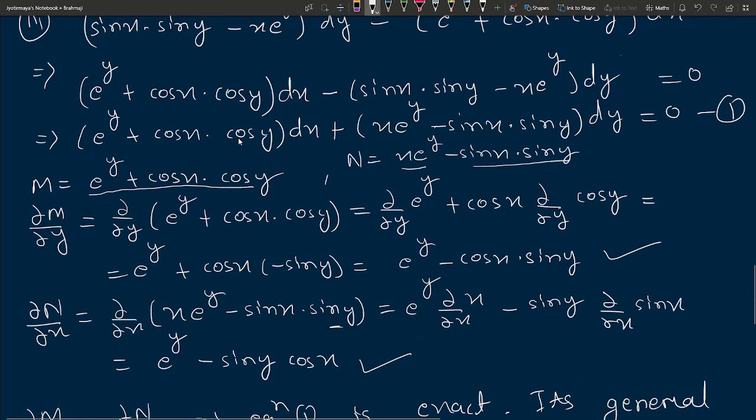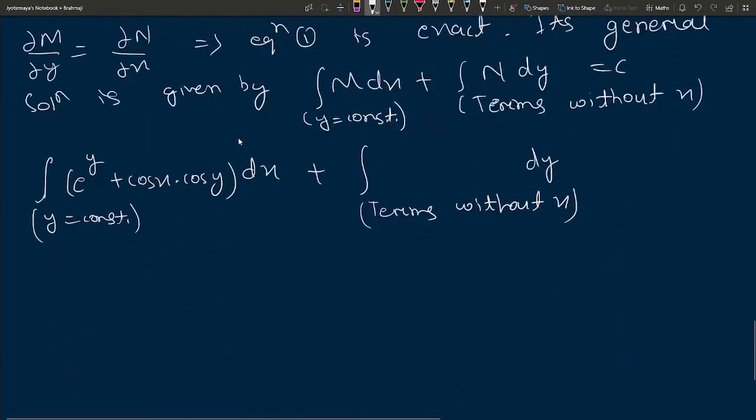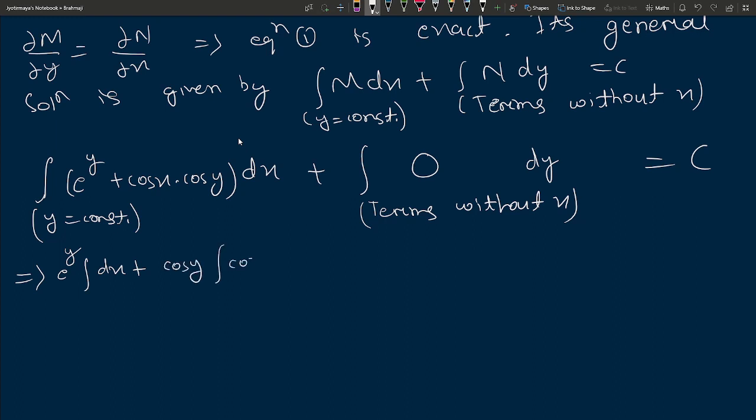N has two terms. The first term contains x, the second term also contains x, so there is no term without x. So here you will write 0 equals c. This implies, y constant means e to the power y is constant, so keep e to the power y outside, integration dx, plus y constant means cos y is constant, so integration cos x dx equals c. This implies e to the power y into integration dx, plus cos y into integration of cos x, which is sin x, equals c.